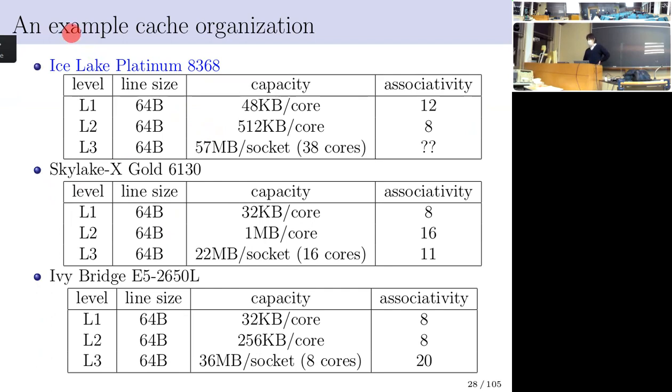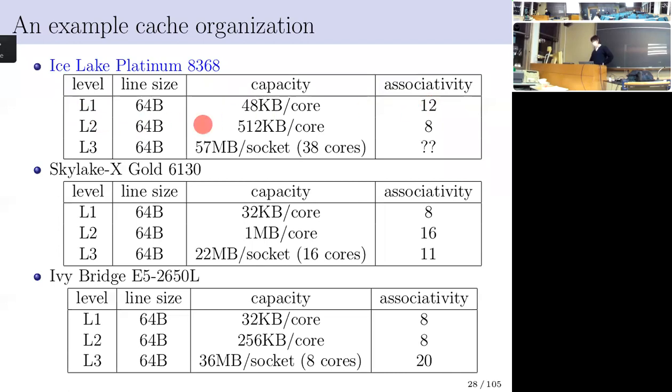And here's an example cache organization. This Ice Lake 8368 is the one we are using in the cloud environment where you are using Jupyter. Its level 1 cache has a capacity of 48 kilobytes per core, and the associativity is 12.